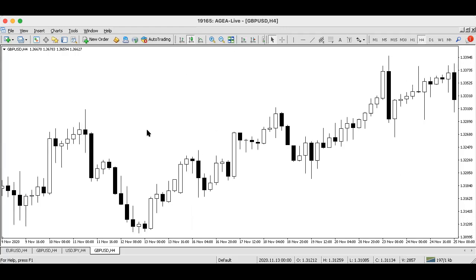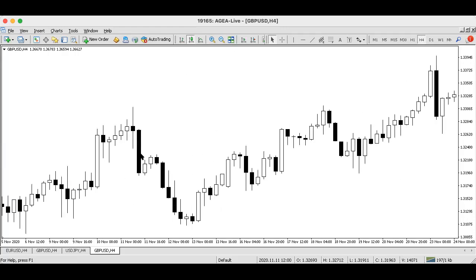Just look for them. Those big candles, like engulfing candles. We'll come to that soon, but I just want you to be noting the big candles.